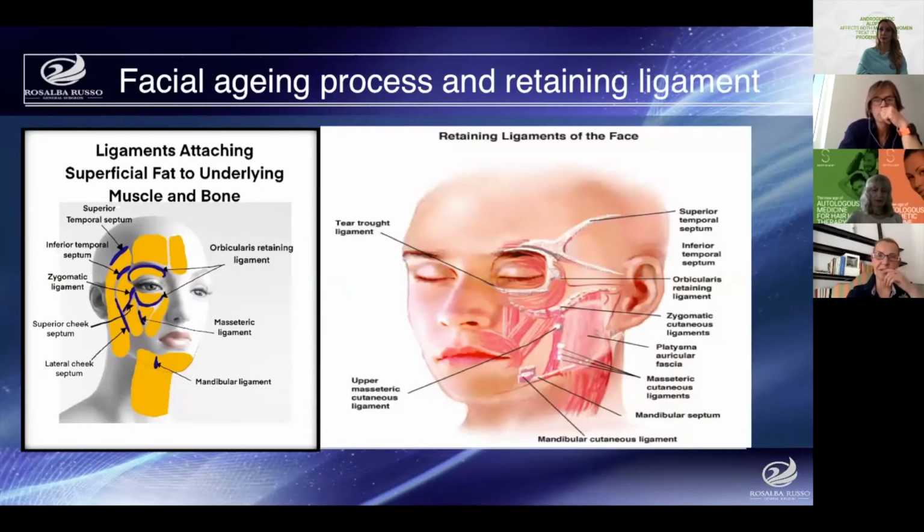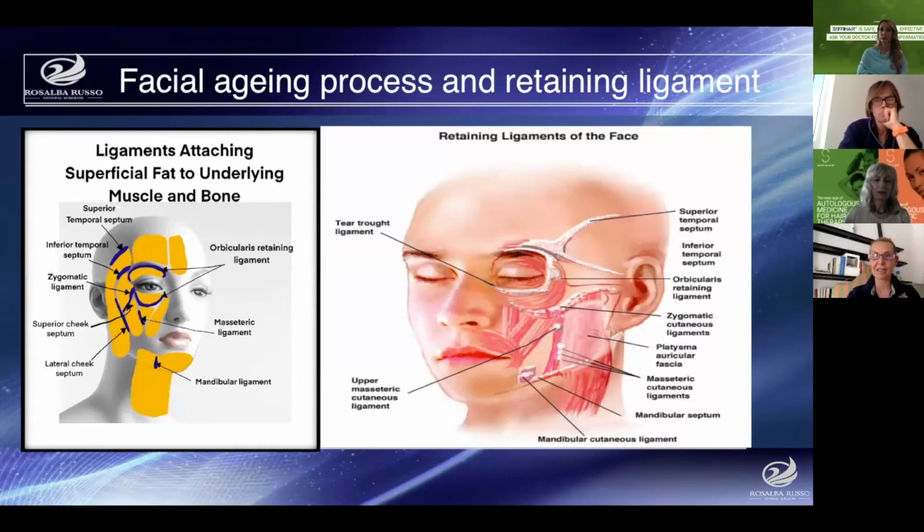Another important thing is the retaining ligament. When we're treating the patient with threads, it's important to remember the retaining ligament. In order to contrast the aging process, we can employ a series of combined treatments which require a good knowledge of anatomy and of the retaining ligaments.